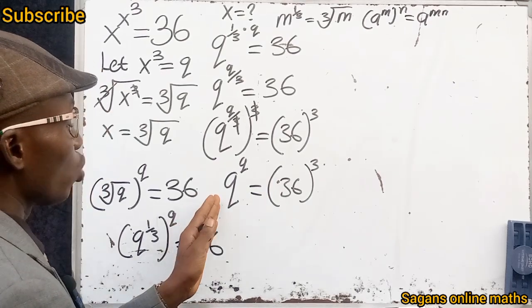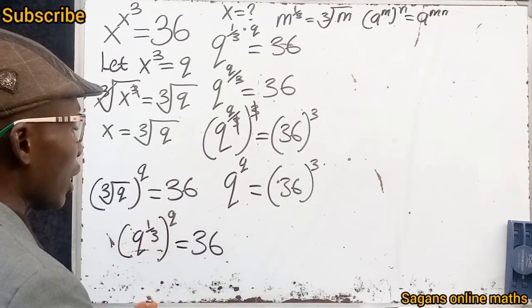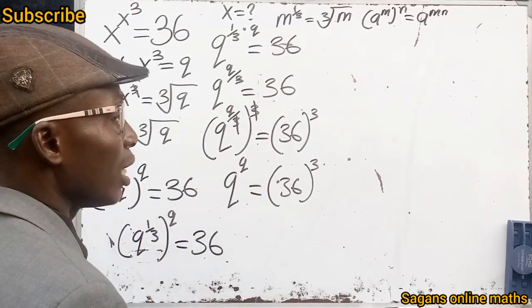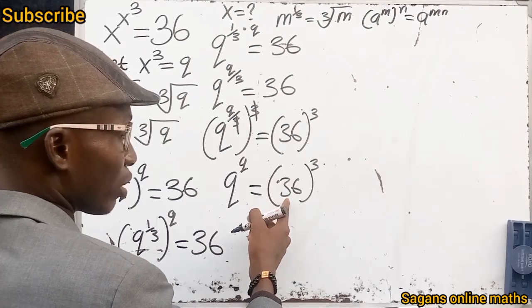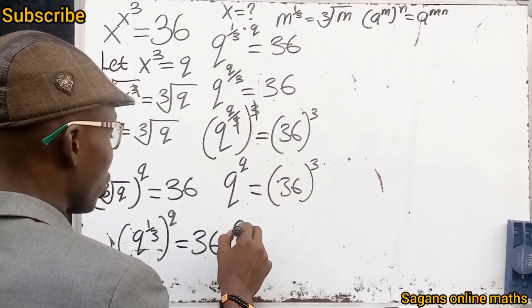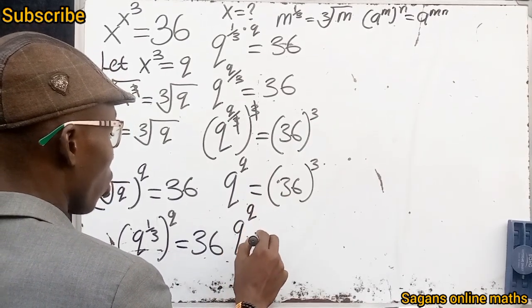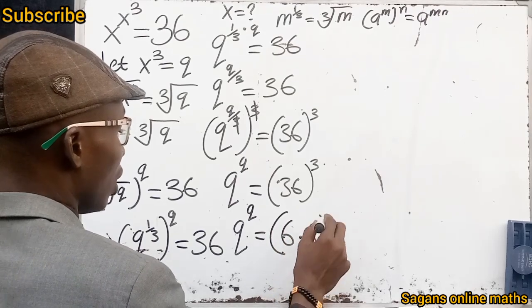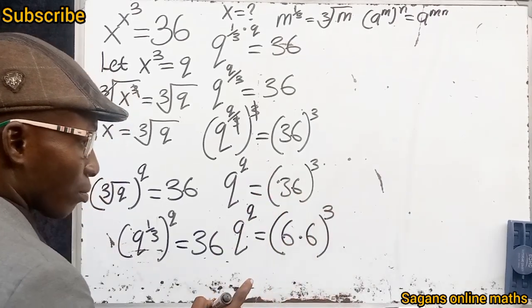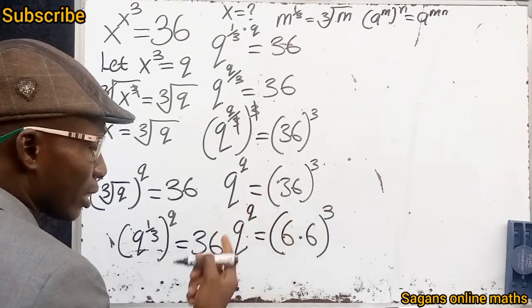Now let's consider our right hand side. There's an amazing thing we are going to do at our right hand side. Now, do you know that this 36 we are seeing, you can also write it as 6 times 6? Q to the power of Q equals 6 times 6, all to the power of 3, because 6 times 6 is 36.